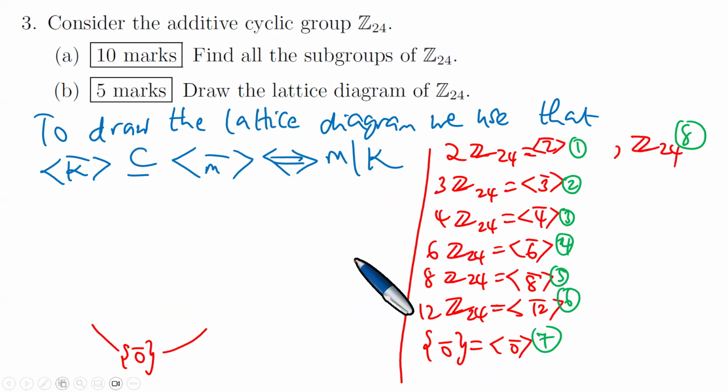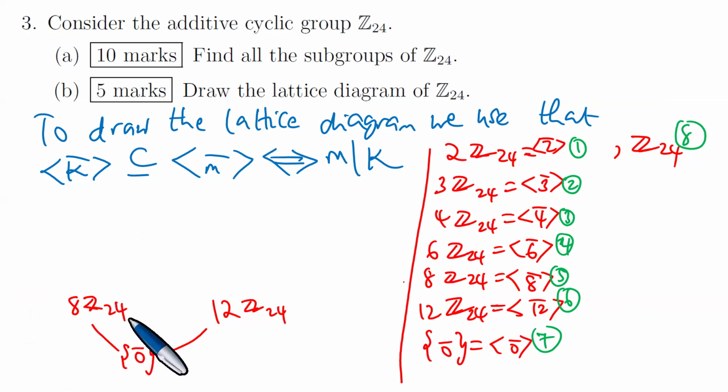So let us look from the smallest to the largest. Now let us look at your 12 Z24 together with 8 Z24. Let's analyze these so that you can order the subgroups very well. What do we have here exactly?